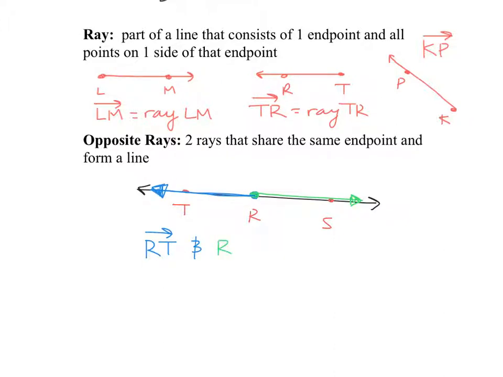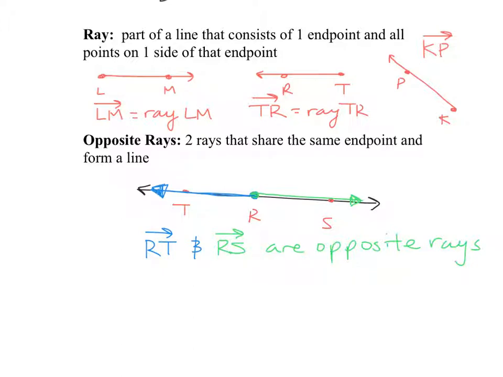So ray RT and ray RS are opposite rays. Okay, we can't overlap at all. So you can't say ST and RS because then that whole RS overlaps, right? So no overlap, they only share an endpoint. Any questions on that?